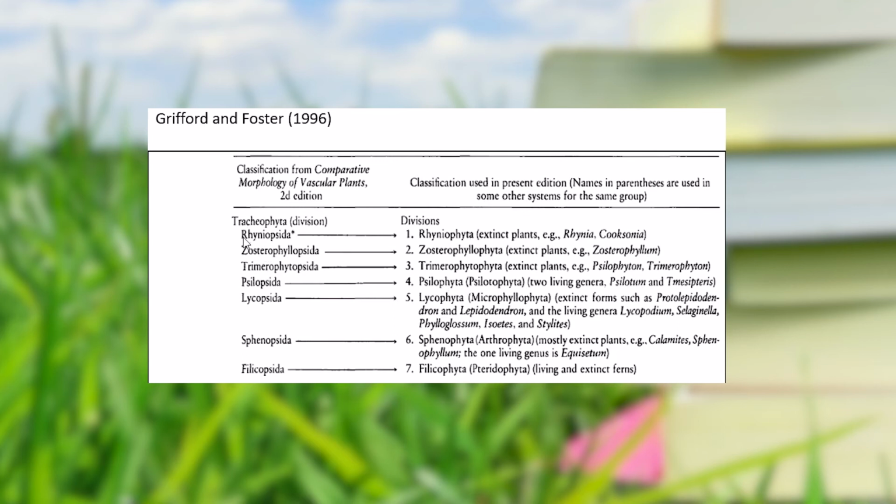You can see here, Rhyniopsida is turned into Rhyniophyta, which comprises extinct plants, that is Rhynia and Cooksonia. Zosterophyllopsida became Zosterophyllophyta, with extinct plants, for example Zosterophyllum. Trimerophytopsida became Trimerophyta, with extinct plants like Trimerophyton.